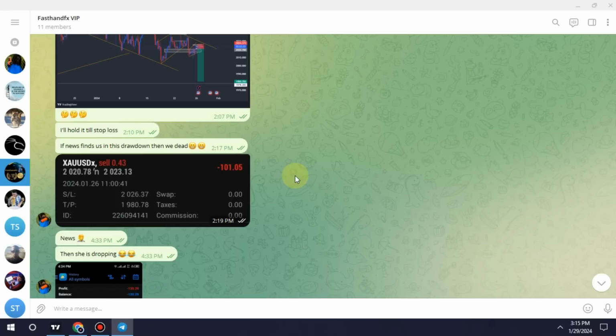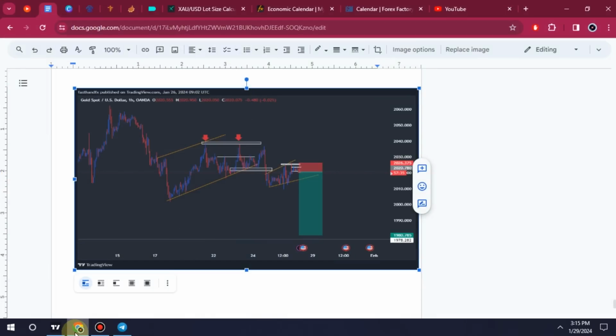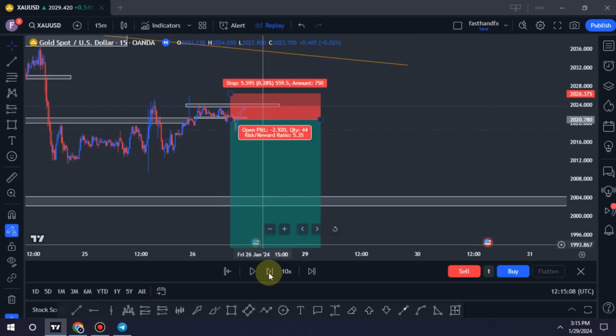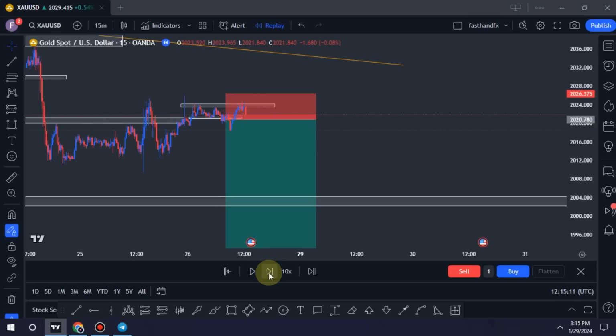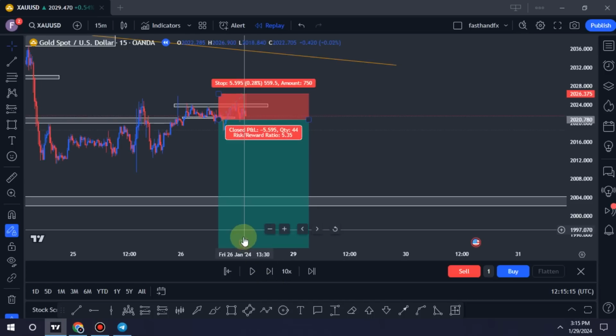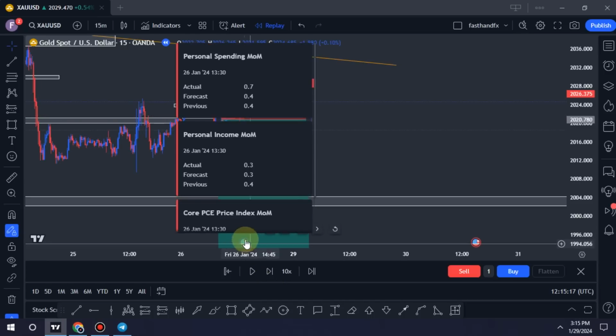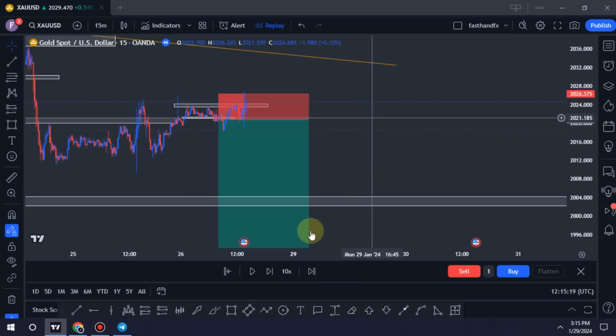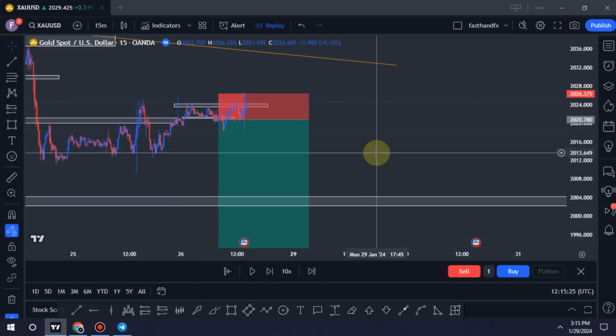Then here came the news. And I was like, yo, let's see. Price before news is, oh, then that's it. You can see right here there was that news. If you check the TradingView, you can see there's something like a US flag. That is when news dropped immediately.